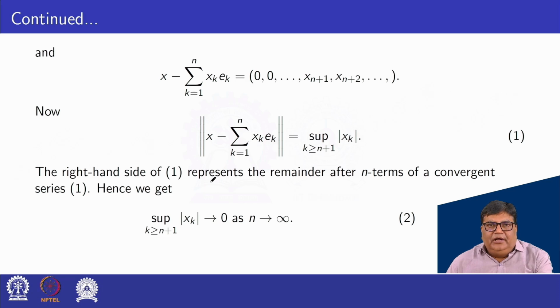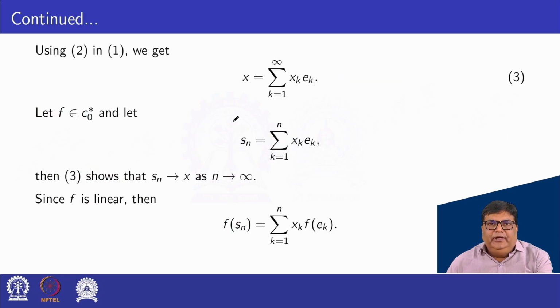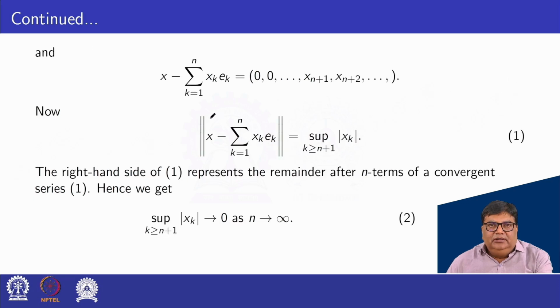So from 1 and 2 we have x equals summation k equals 1 to infinity xk ek. Why? Because this norm is 0. Here the supremum of mod xk converges to 0 as n tends to infinity. It means this norm equals 0.